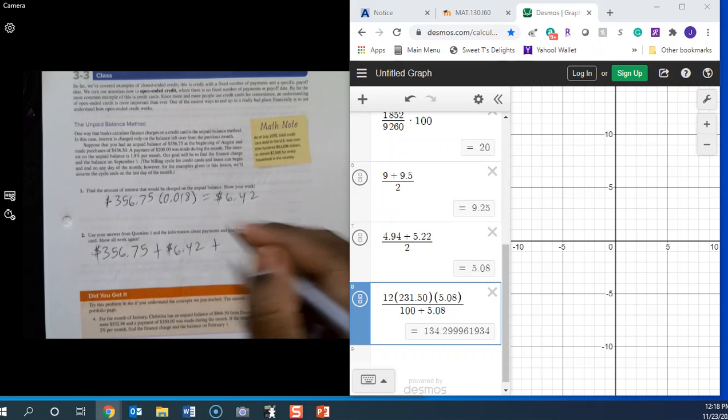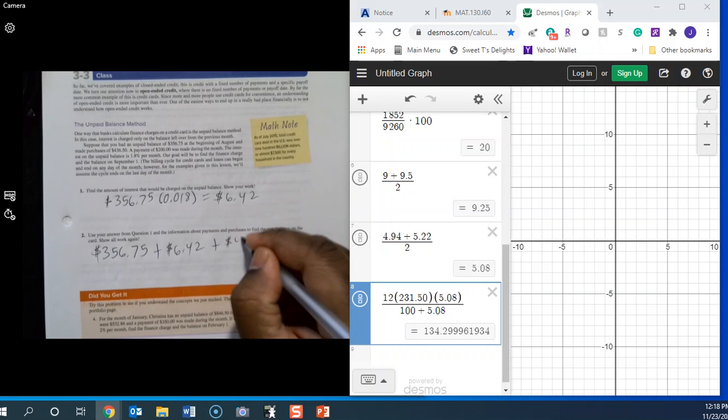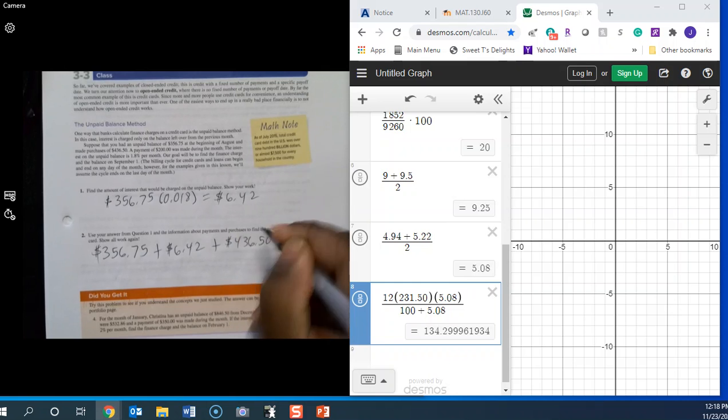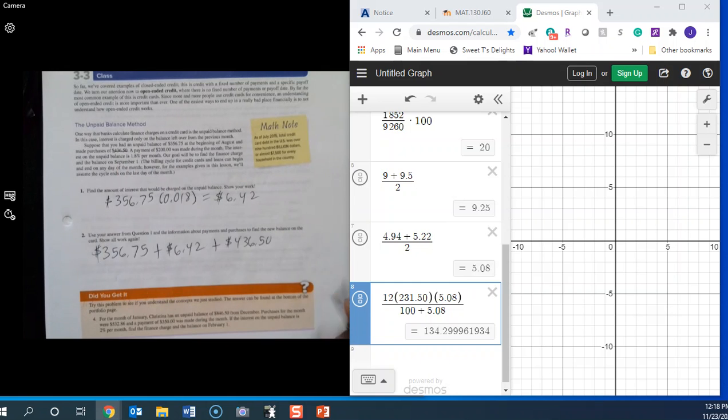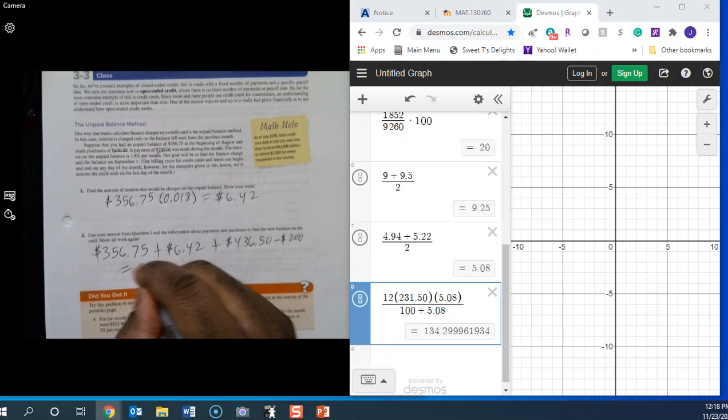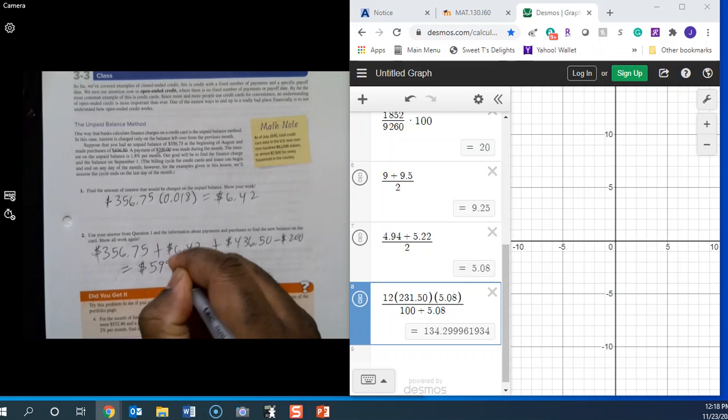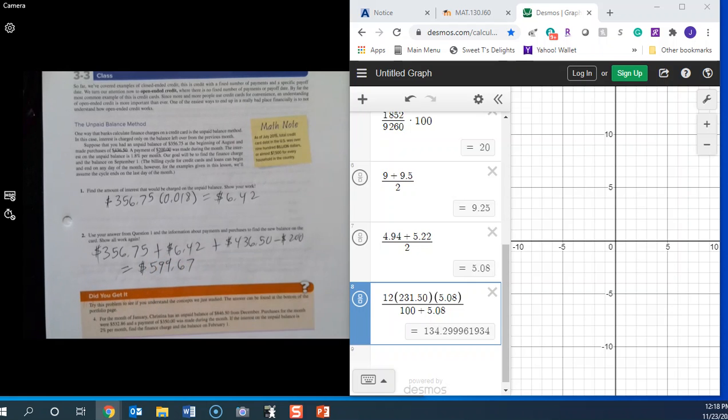We add on a purchase that was made, which is $436.50, which is told here. And then we will subtract off a payment, which is $200. And this will give us $599.67 total.